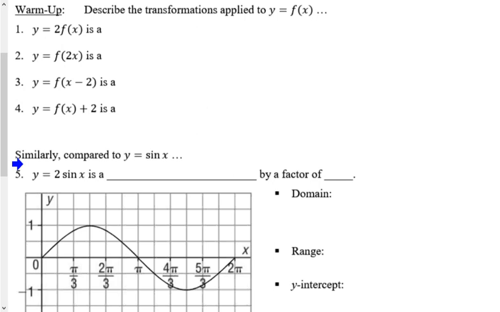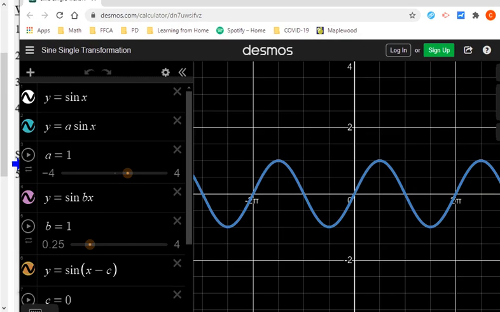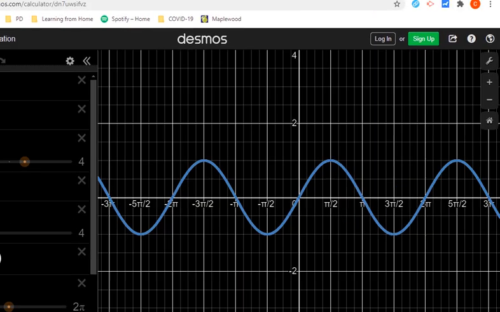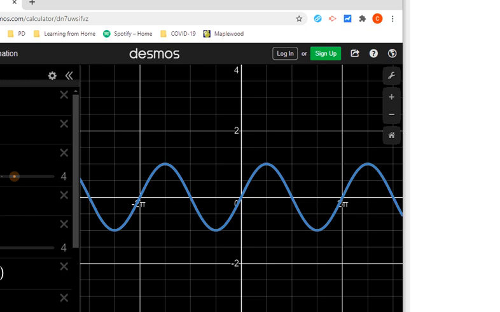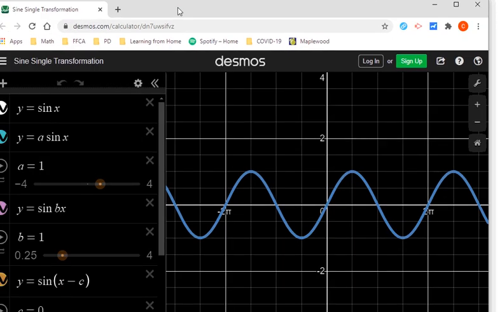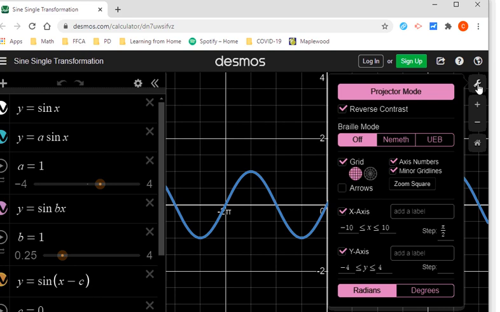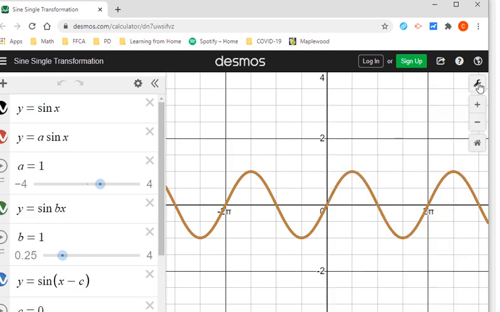So just to do kind of a quick overview of what we're looking at in this lesson, we'll look at Desmos, because today it's actually working. And I never do this reverse contrast, so I thought, is that okay to see? It's not as good, hey? This is probably easier to see. So what we're going to do is we're going to apply those transformations.